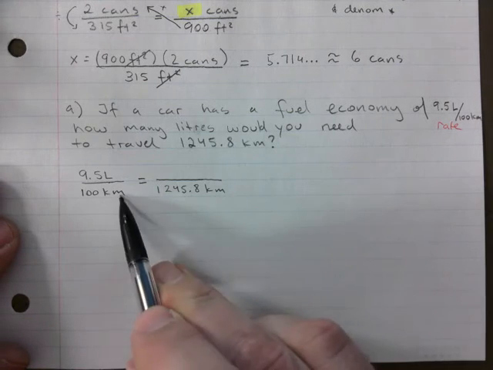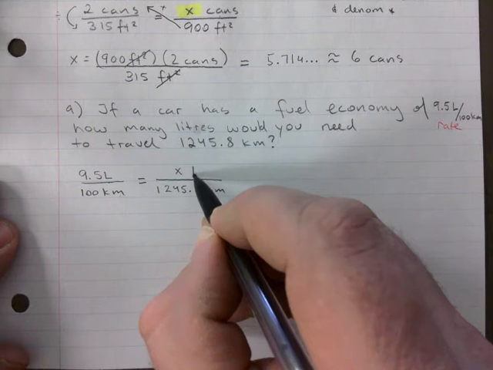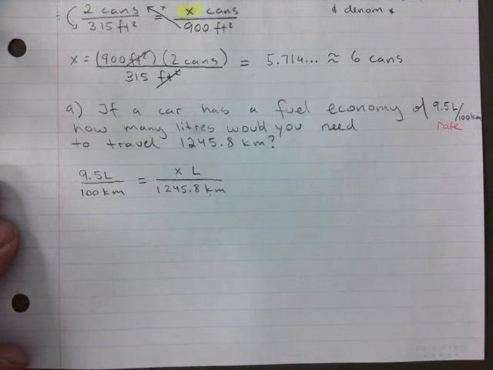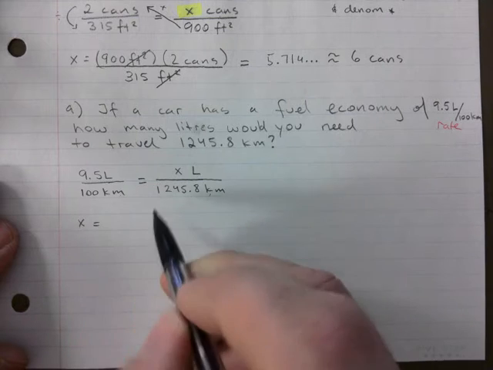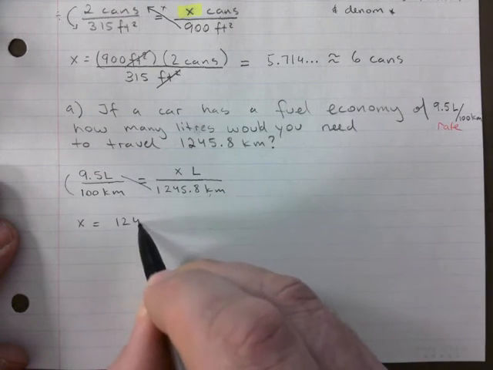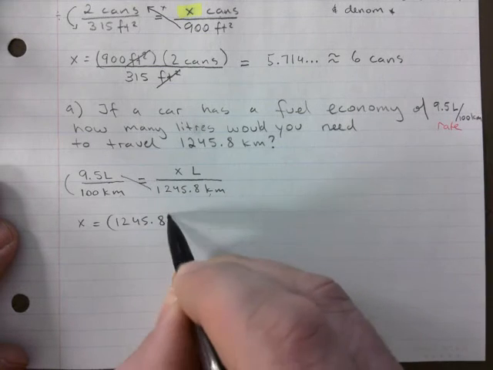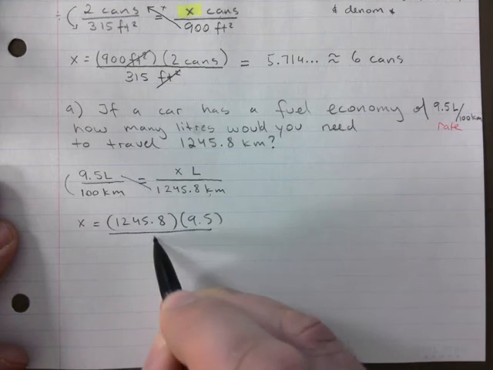So you match your kilometers, and then you're going to figure out X number of liters, okay? You cross multiply and you divide. So it's 1245.8 times 9.5 divided by 100.